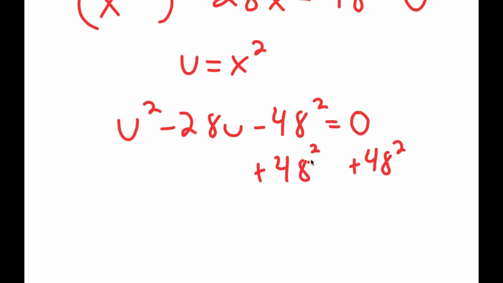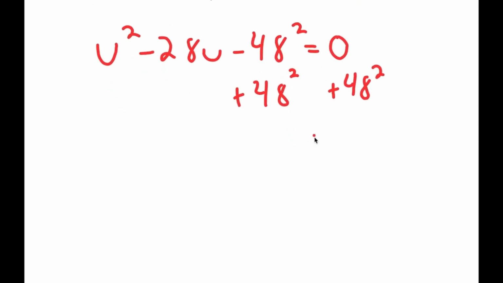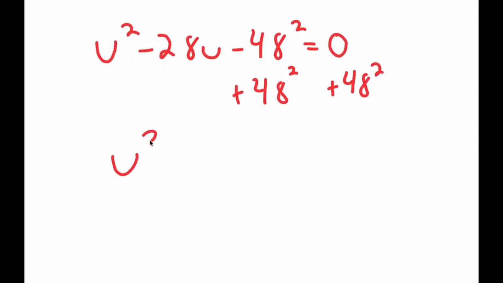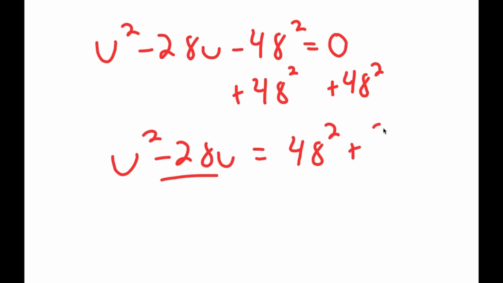Now I get u squared minus 28u is equal to 48 squared. Now I'm going to add negative 28, or we can say just positive 28, divided by 2 squared on both sides.